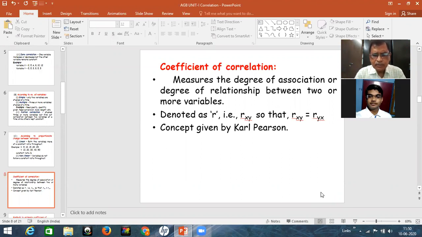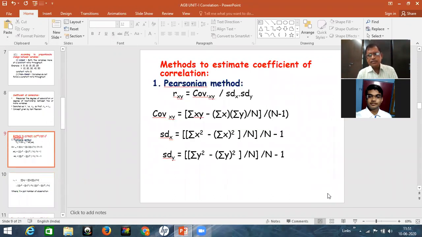This concept of the coefficient of correlation was given by Professor Karl Pearson, and he also gave how to estimate it. That's why it is also known as Pearsonian correlation.